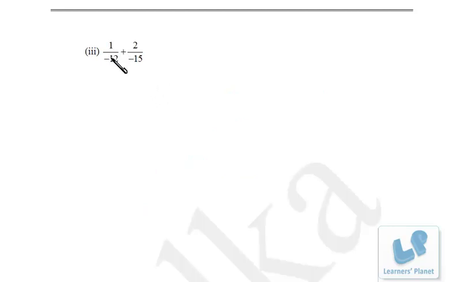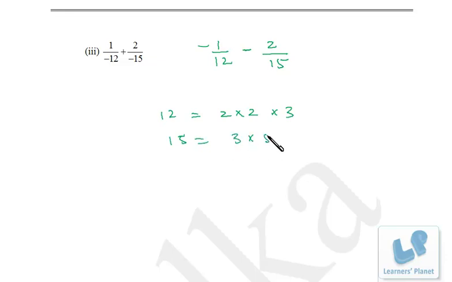Now here it's 1 upon minus 12 plus 2 upon minus 15. So it can be written like this. Okay. Now the next step, LCM of 12 and 15. 12 is what? 2 into 2 into 3, and 15 is what? 3 into 5. So LCM will be 2 into 2 into 3 into 5.